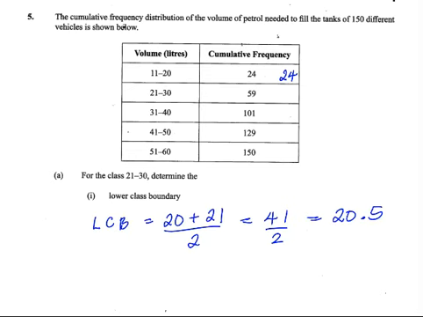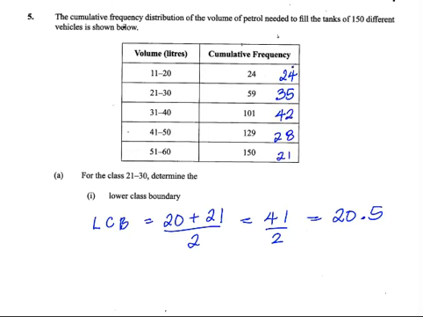The frequency for the level 21 to 30 is 35, because 24 plus 35 gives you 59. The next one is 42, because 42 plus 59 gives you 101. The next one is 28, and the one after that is 21.